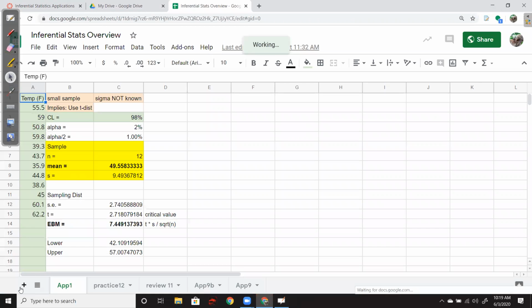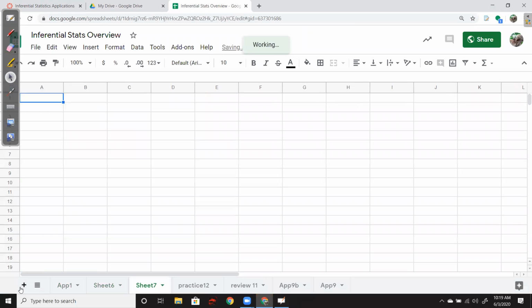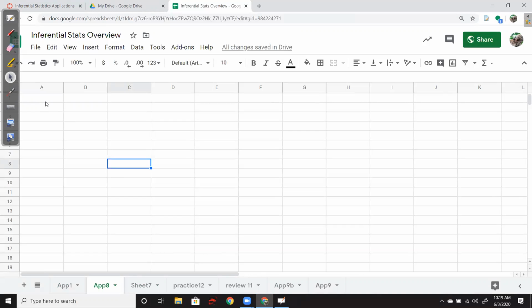So we need a new tab. Oh, hit 2 new tabs. And you could also use, if you want, those pre-made spreadsheets that are in this section and just plug in the numbers you get. So that's another option here. So I have a proportion, own cats.